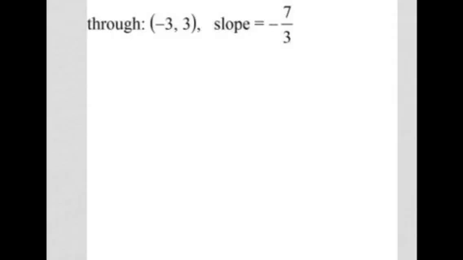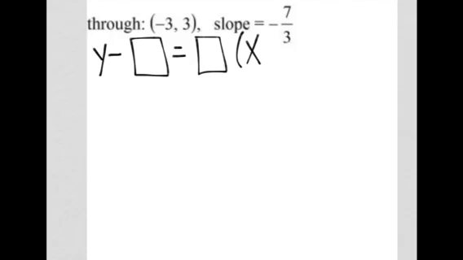Number 1. I know I'm going to begin with y minus whatever my y1 value is equals whatever my m value is, which is my slope, times the quantity of x minus my x1 value. So now I go to fill it in. Here's my x and my y.